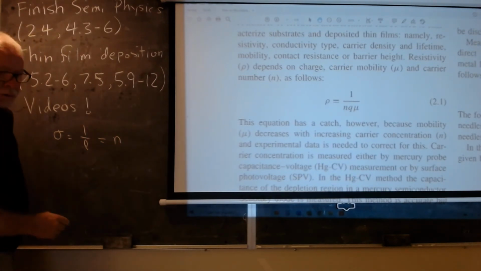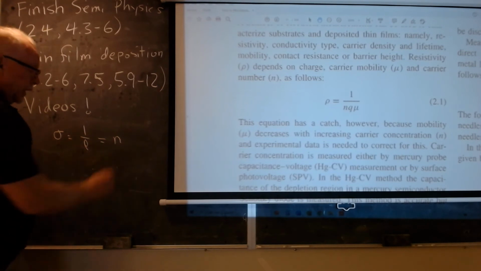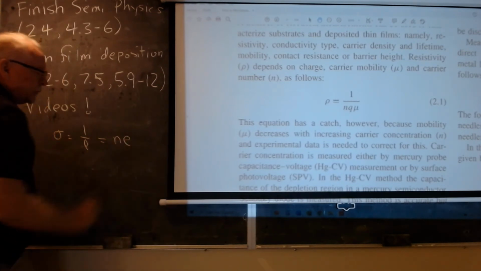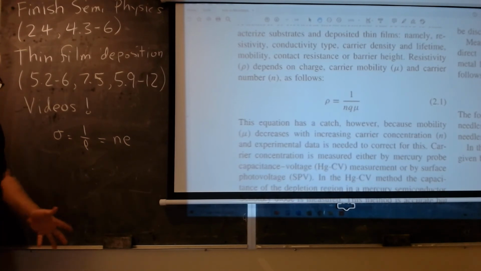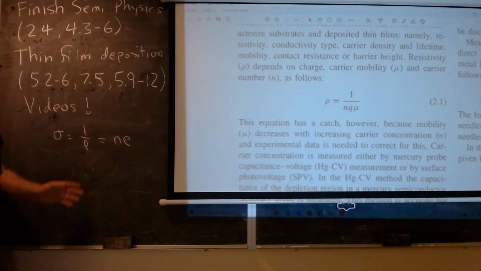Now he uses Q. I make a point of using E, and the reason why is that the charge of a carrier is always E. Whether it's a hole or an electron, it's 1.6 times 10 to the minus 19 coulombs, and that's important to realize and understand.